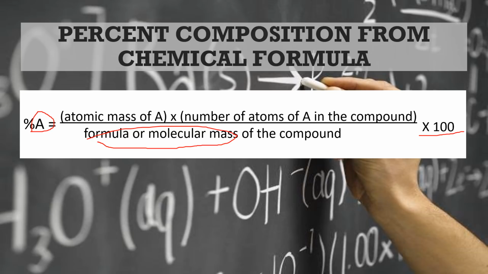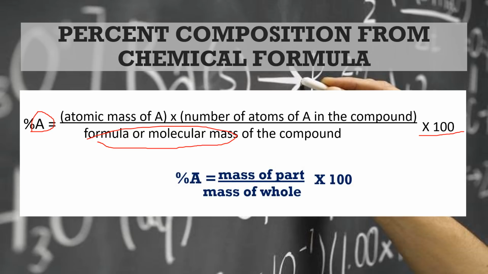In simple terms, it's just the mass of the part divided by the mass of the whole times 100.